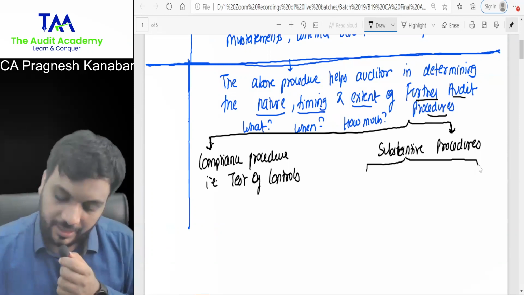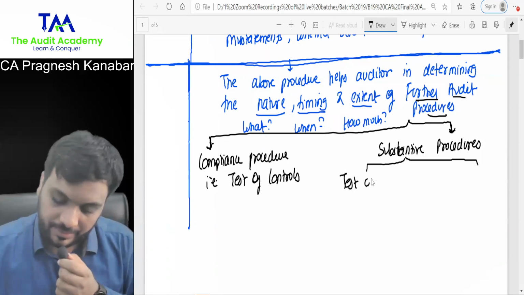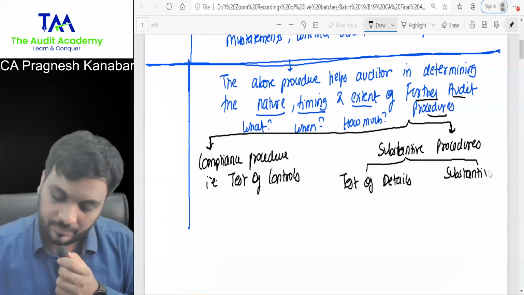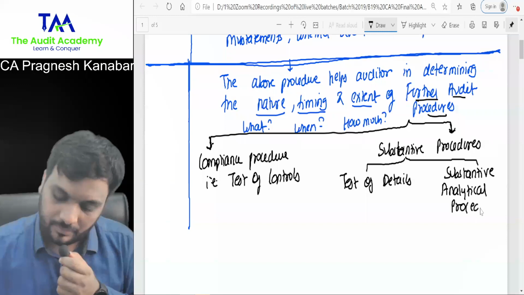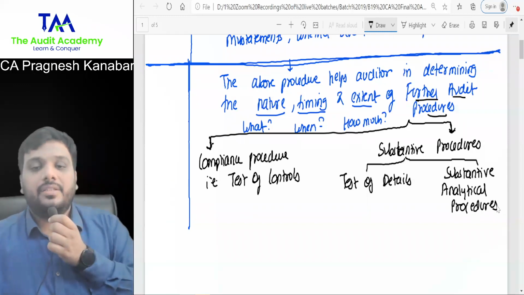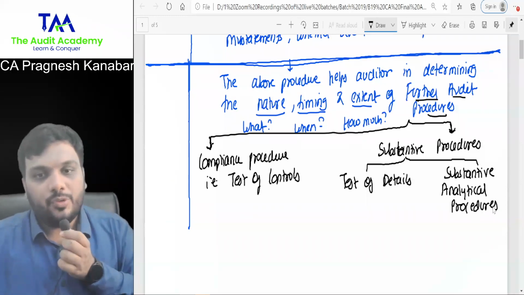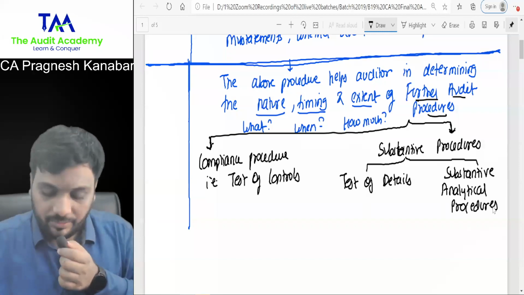Substantive procedures are further divided into two parts: test of details and substantive analytical procedures. First you write this, then I will start explaining. Please write down this much.